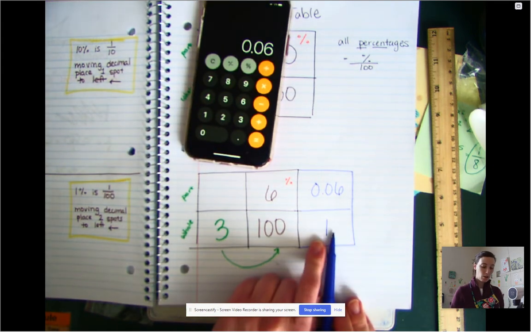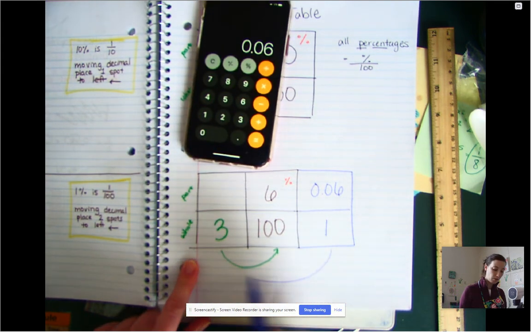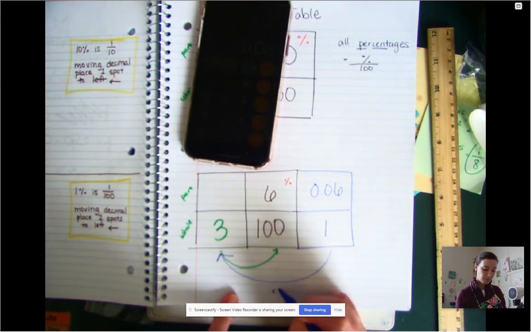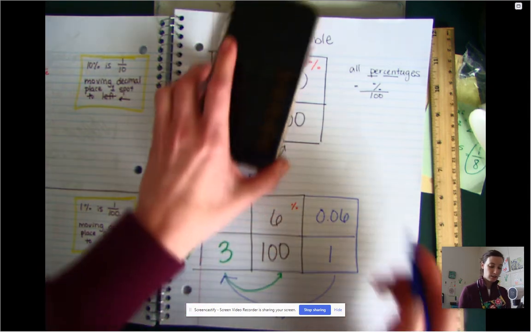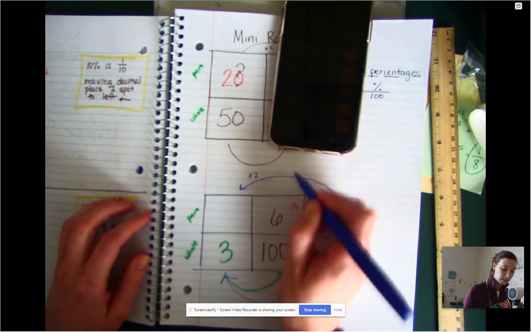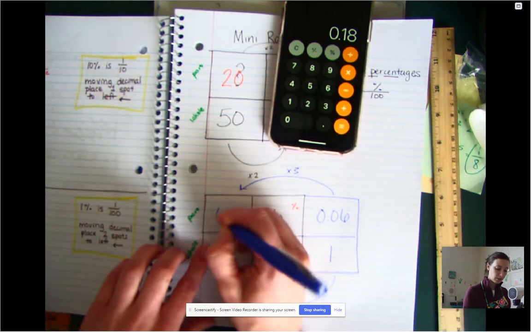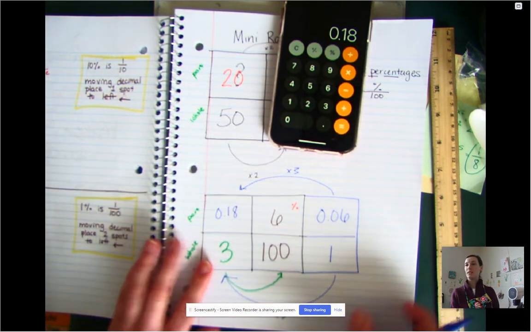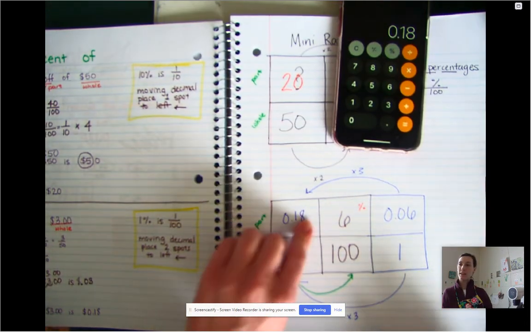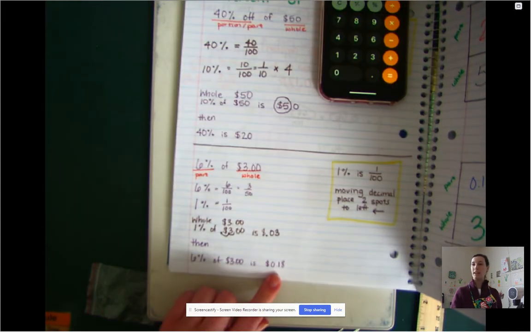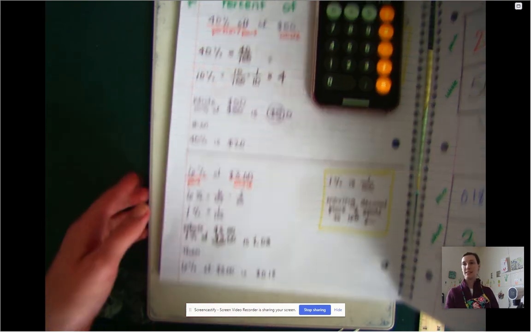Well, now we can go from 1 to 3. We know how to do this. So 1 times 3 is 3. So 0.06 times 3 is 0.18. And when we check back, what is 6% of 3? Well, we found out last time that it is, in fact, 18 cents.